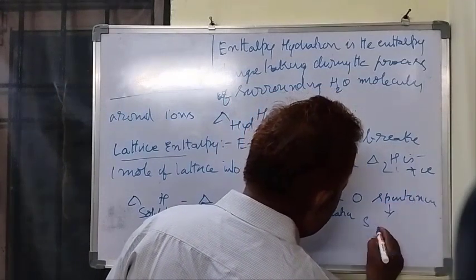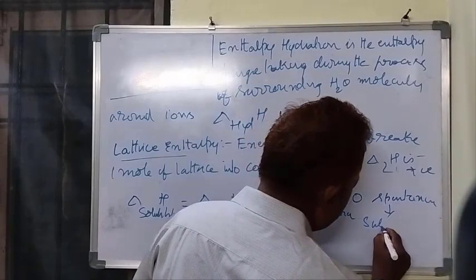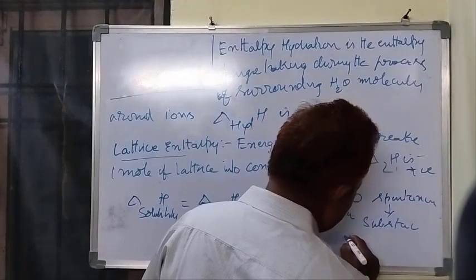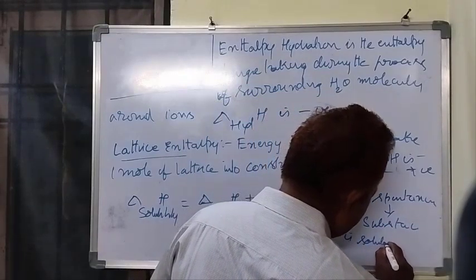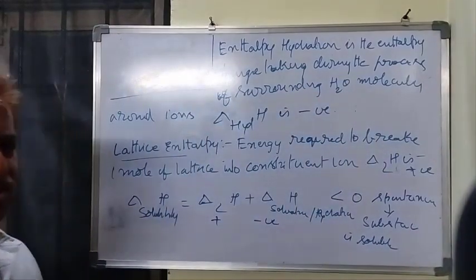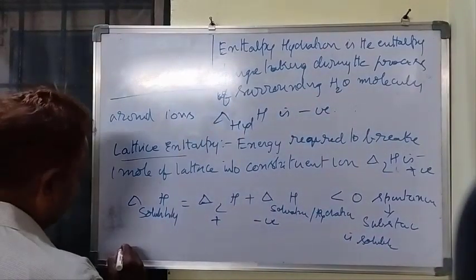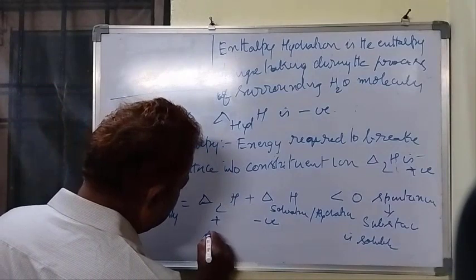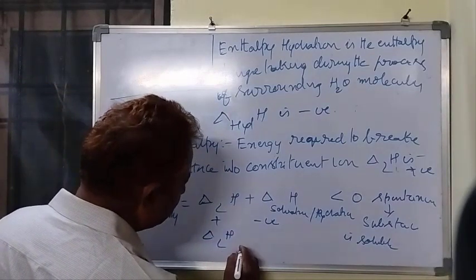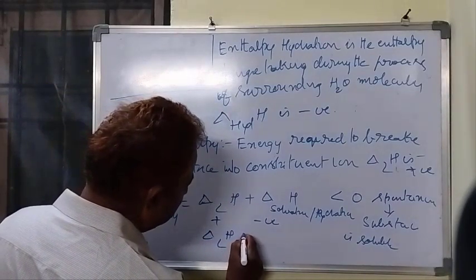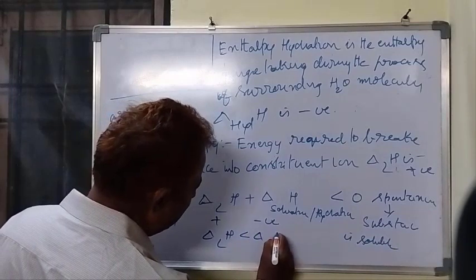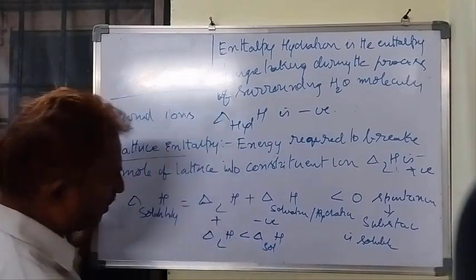Spontaneous means solubility. The substance is soluble. Now, that means delta H lattice is smaller than delta H solvation.